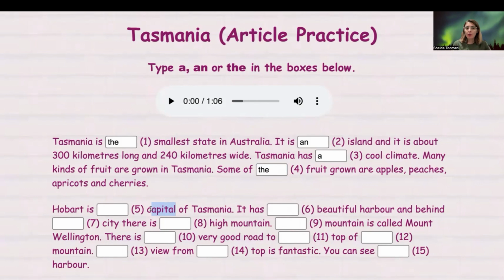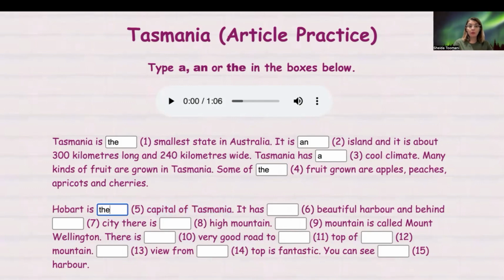Whenever we have something of something else, there is a belonging that makes it clear, makes it familiar, makes it known and recognizable. And when it is known, we put the.